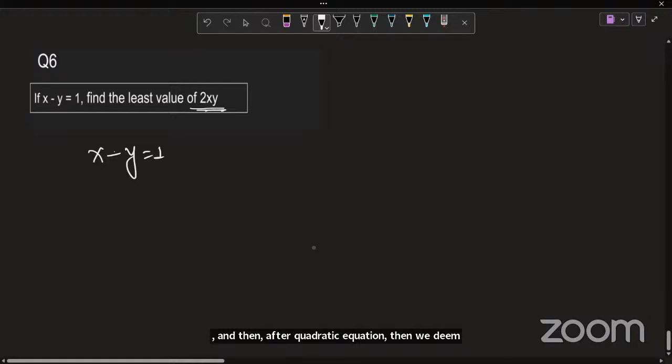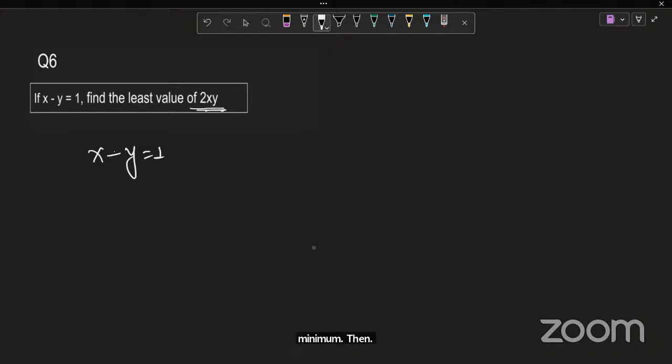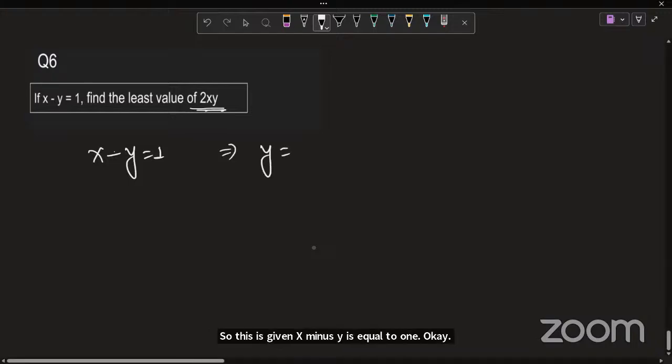So this is given x minus y is equal to 1, which implies that y is equal to x minus 1.